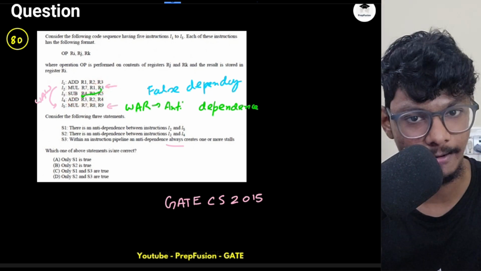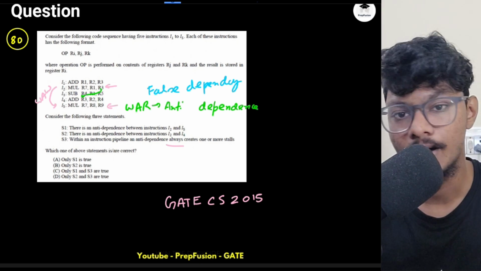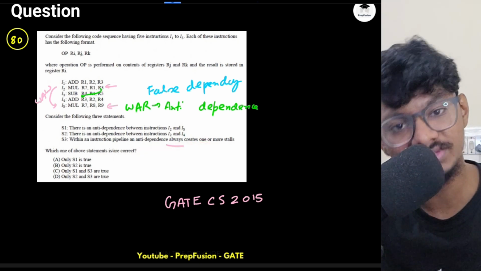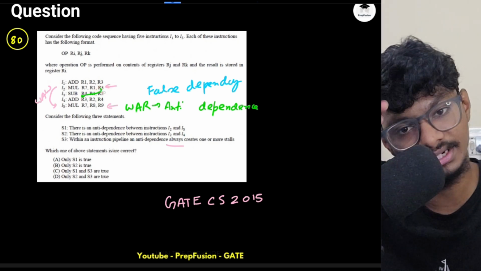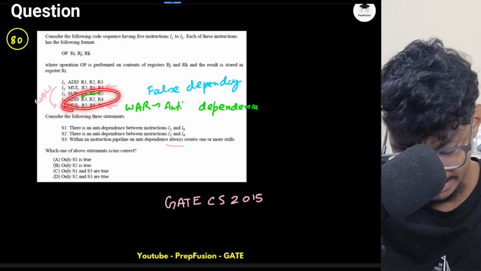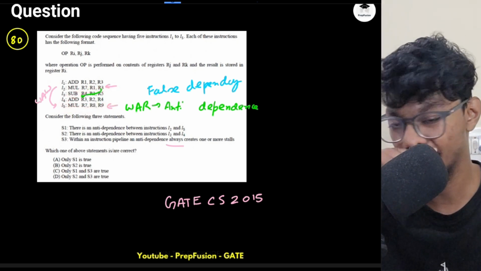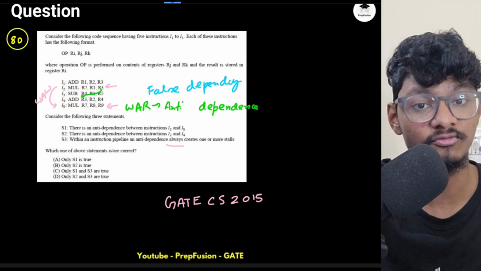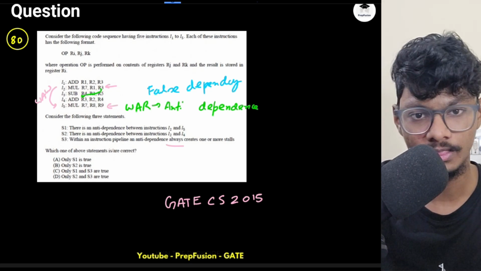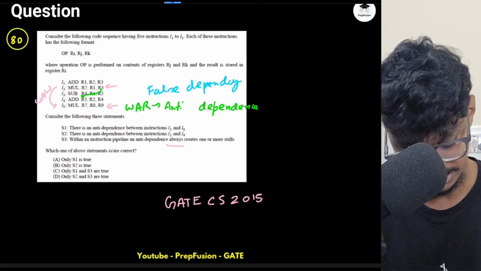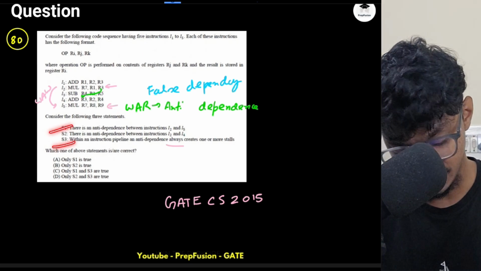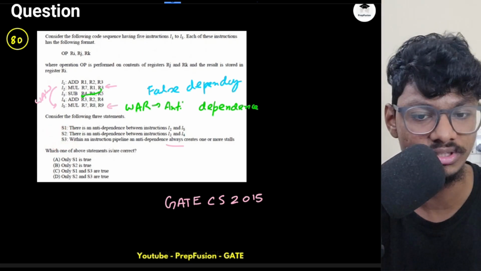There can be such a case, so we have to provide stalls. But they're telling me we have to always provide stalls. In most cases, this read operation will be done before this write operation, so it is not necessarily true that I have to always provide stalls. We'll solve more questions on this in the next lecture. So statement S3 is incorrect, statement S1 is incorrect, and only statement S2 is correct.